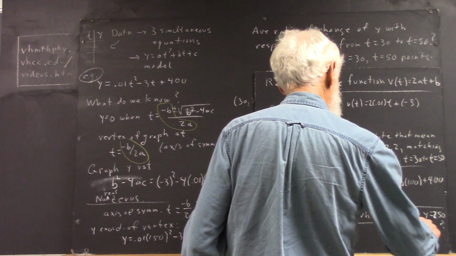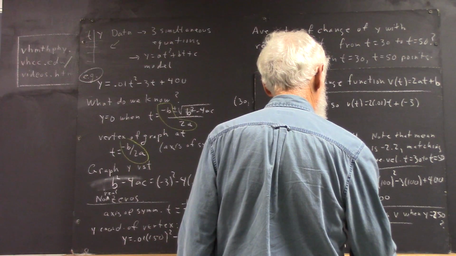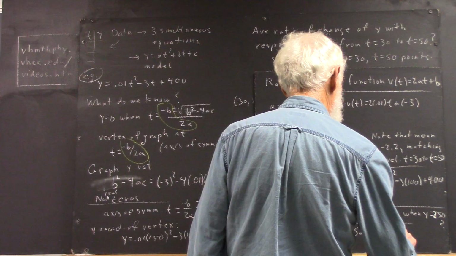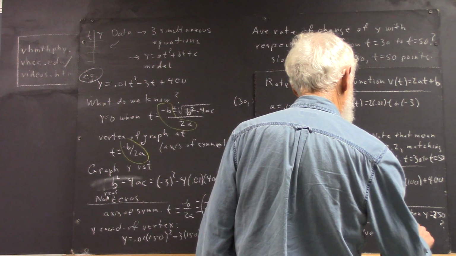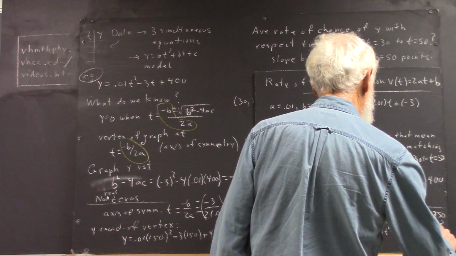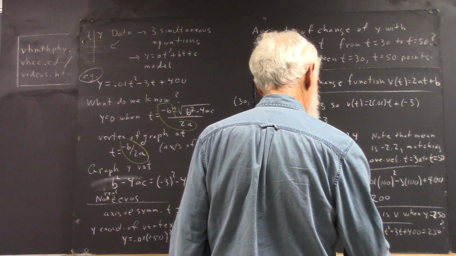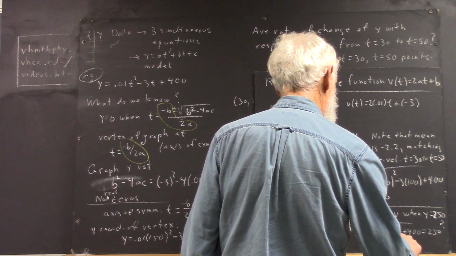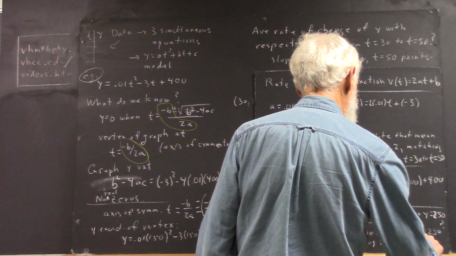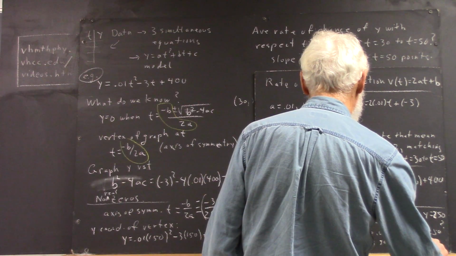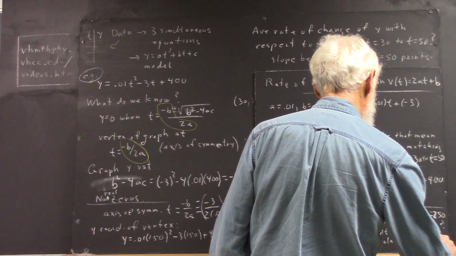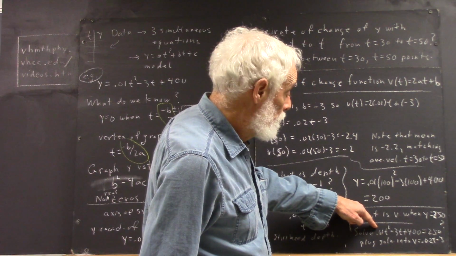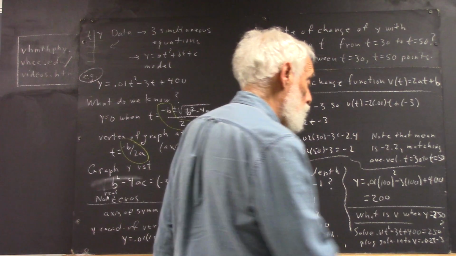Well, to get that, we would solve 0.01t squared minus 3t plus 400 equals 250. And then we'd get a t, and we'd plug that into v equals 0.02t minus 3.